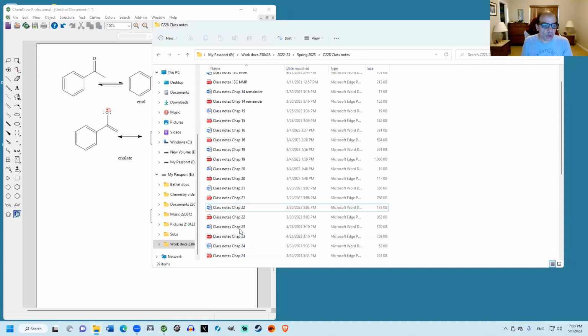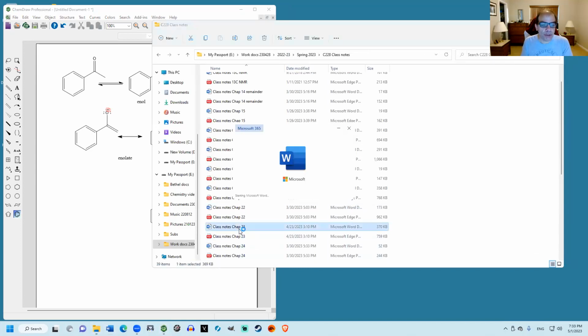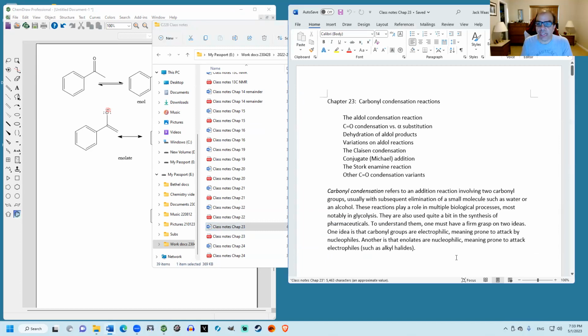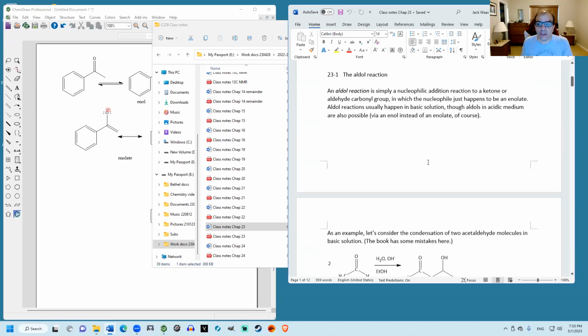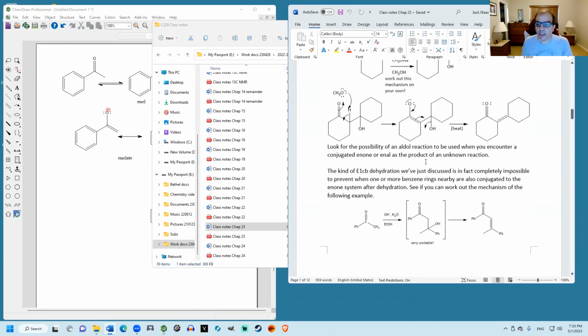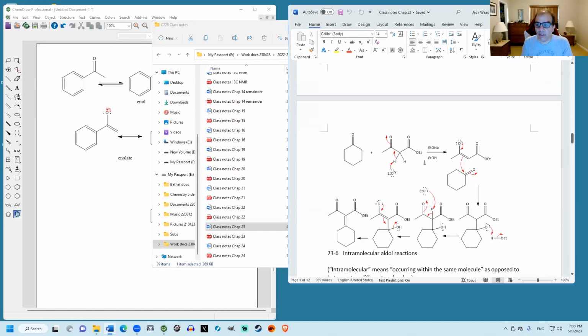And with that, we're already in chapter 23, which should be pretty familiar since this was on the previous exam. This was about the aldol and Claisen condensations and their variants. And we also talked about Michael additions, which we really had already gone over in chapter 19.